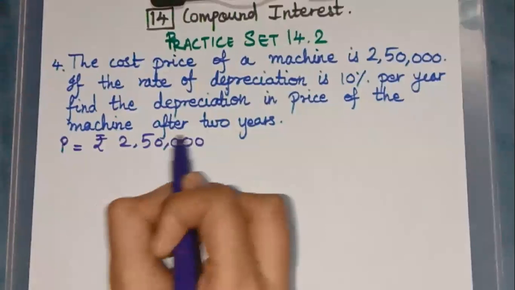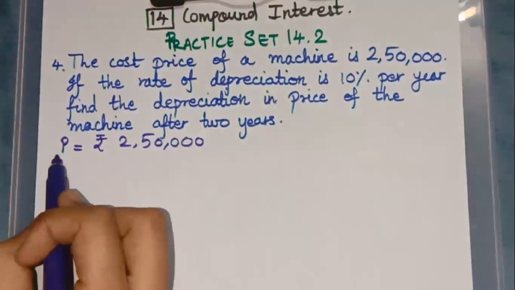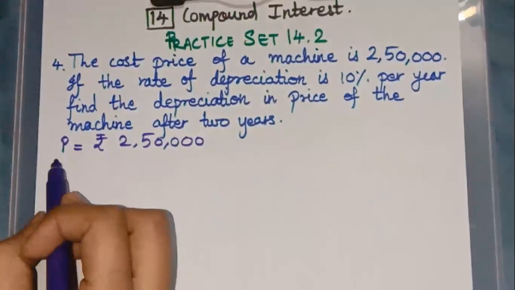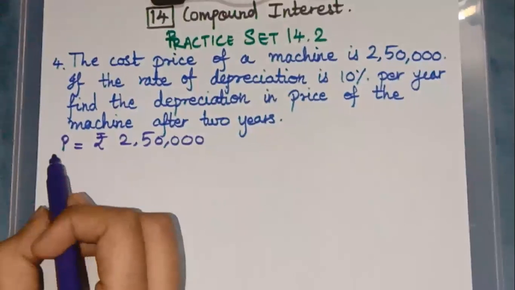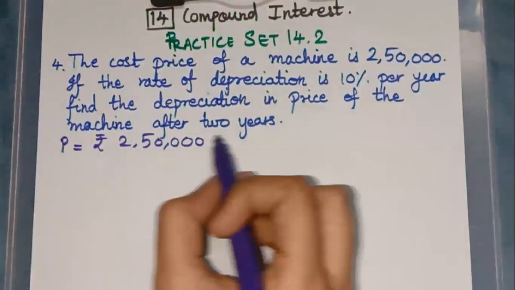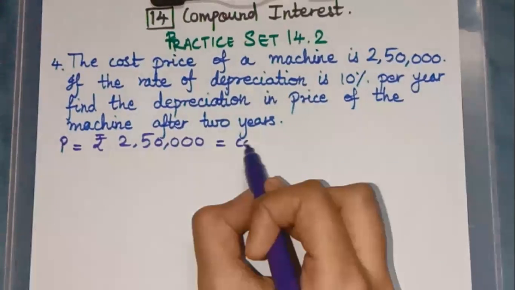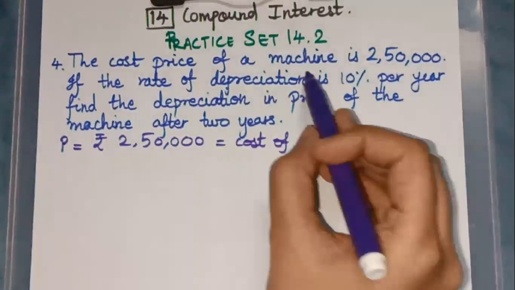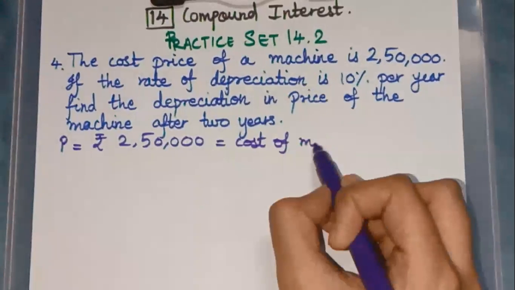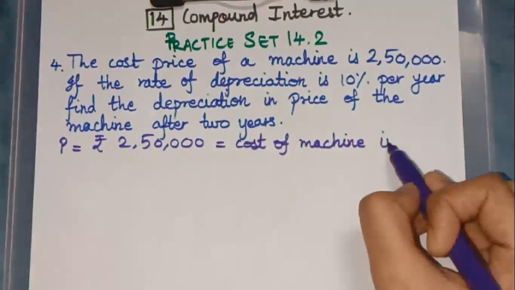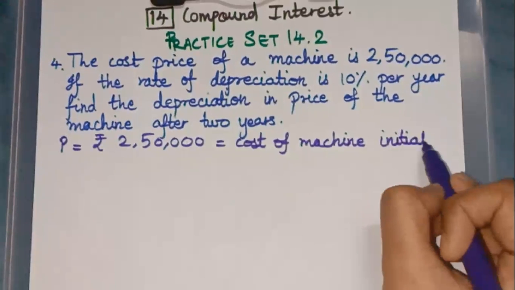I'm just writing the initial as P. You should write the entire thing, principal, and then put P into brackets. This is the cost of the entire machine, the machine that was initially bought.